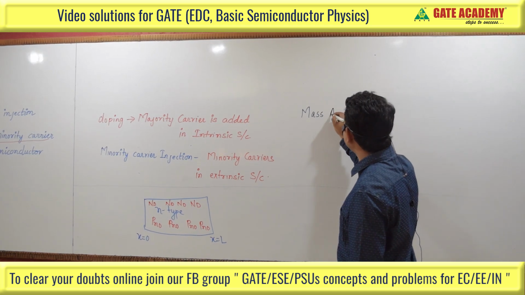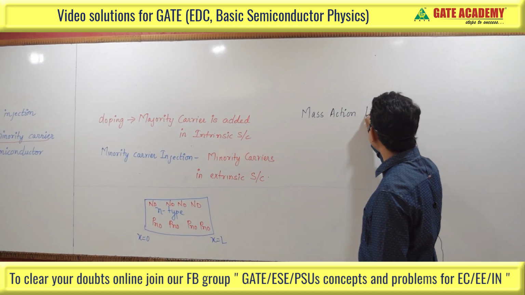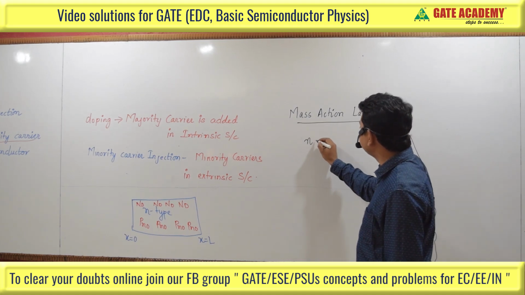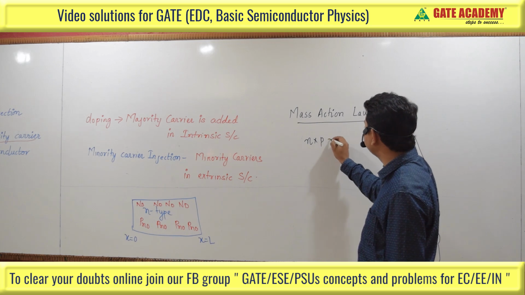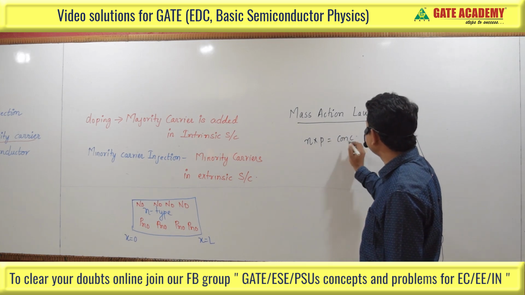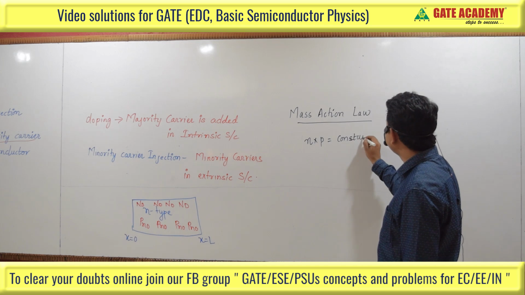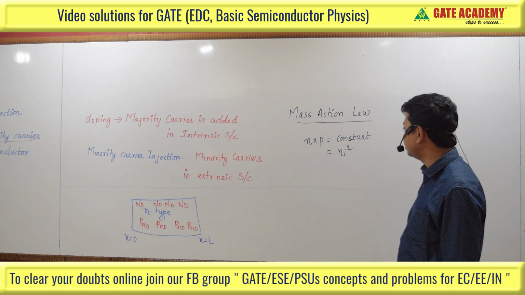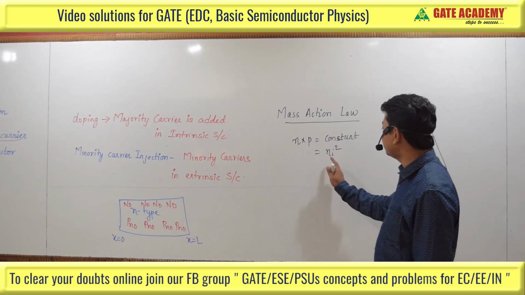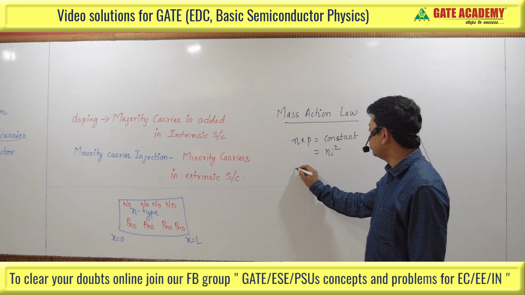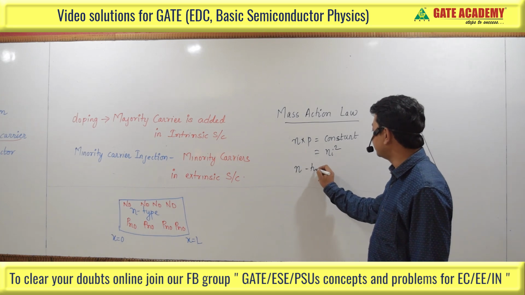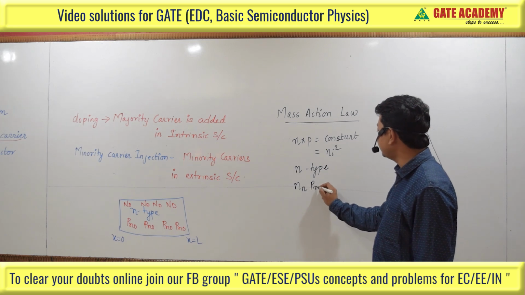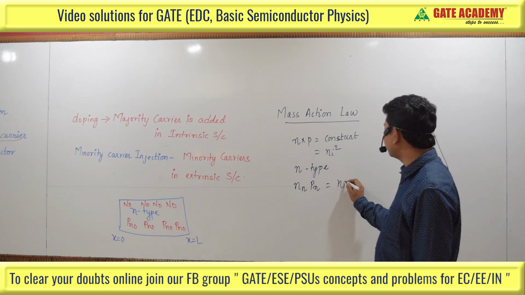By the mass action law, the multiplication of the number of electrons with holes is constant, and this constant is the square of the intrinsic concentration, which is a constant value at a particular temperature or at thermal equilibrium. So for an n-type semiconductor, this is n in n-type times p in n-type, equal to ni square.